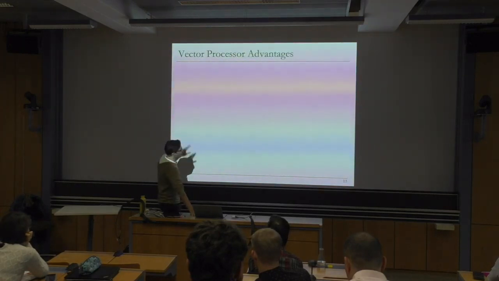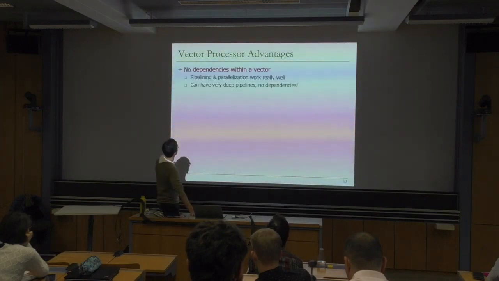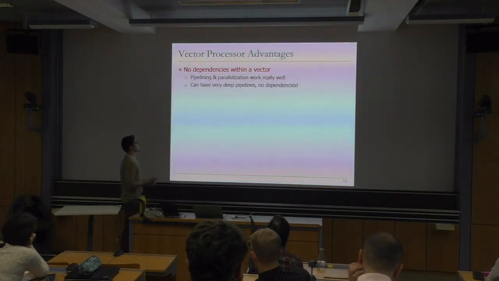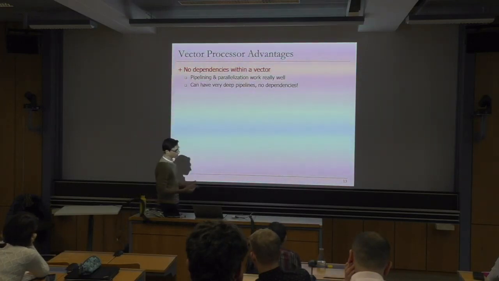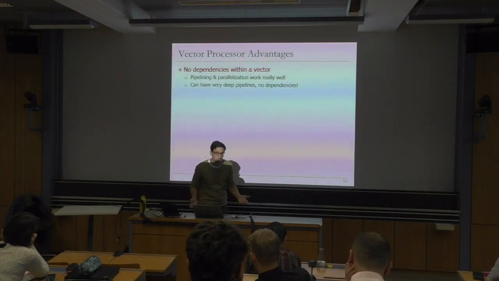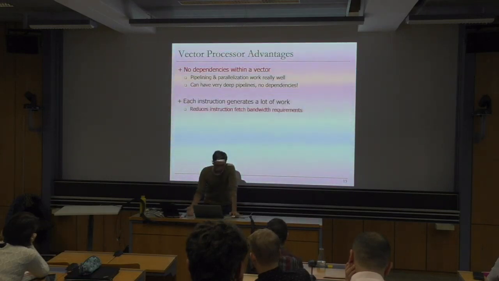Okay, advantages. We are already talking about the advantages, but let's summarize them here. There are no dependencies within a vector, so this allows pipelining and parallelization to work very well. So we can have deep pipelines. Each instruction generates a lot of work. Why is that good?